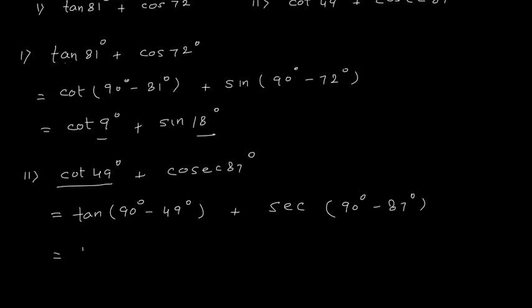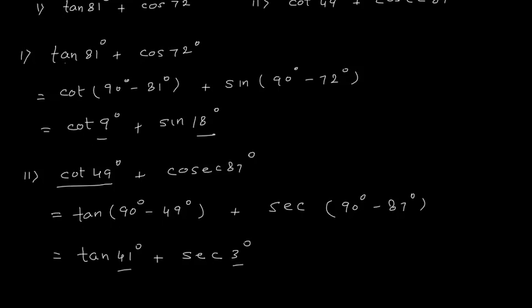So this is tan of 90 minus 49, which is 41 degree, plus sec of 90 minus 87, which is sec 3 degree.